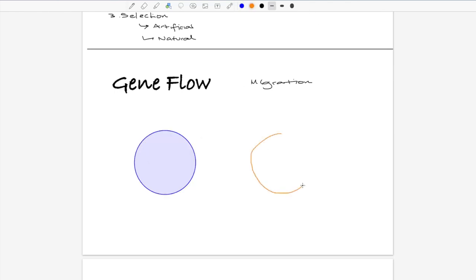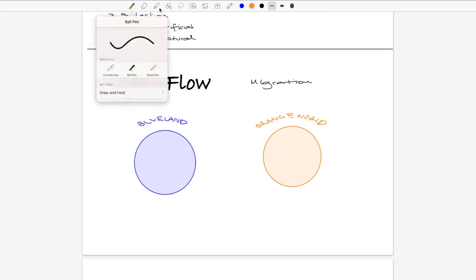There we go. And so we'll call them islands, right? And we'll say one of them is going to be called Blue Land, the other one is going to be called Orange World. And so in Blue Land, we have 100% of people are going to be blue. We're just going to represent them with dots.